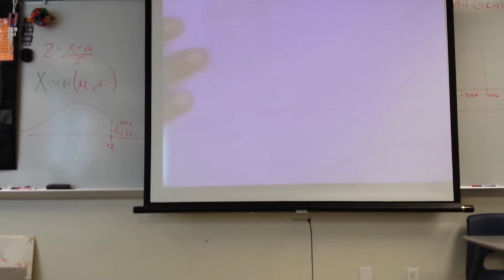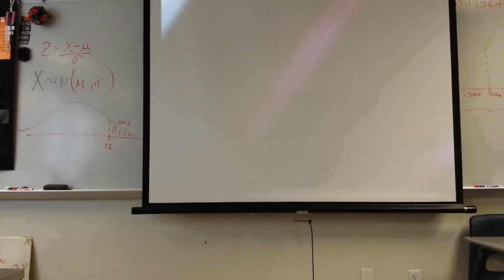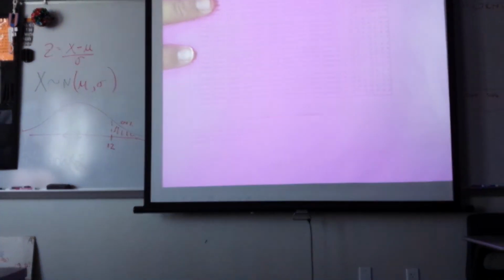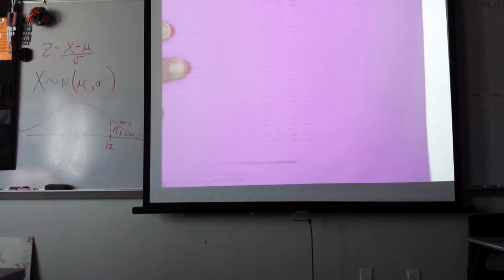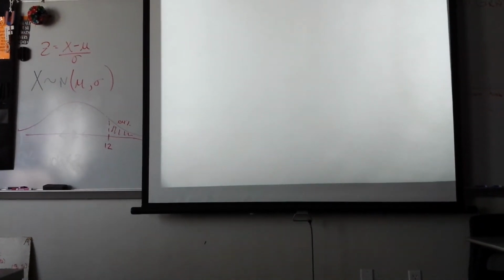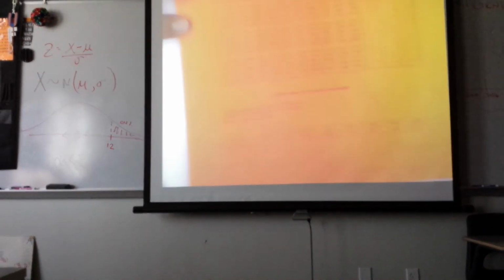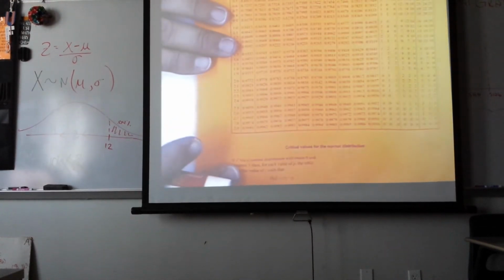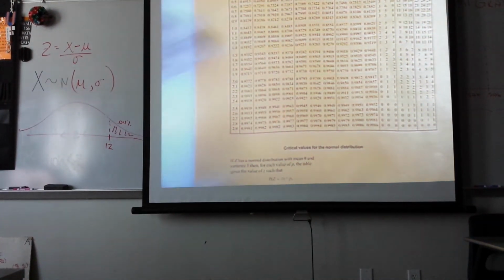I think the orange one's probably better. Something weird is happening with the lights. Does anybody have a white one? That will work best. Okay, that's just better. There you go. You can actually see it.